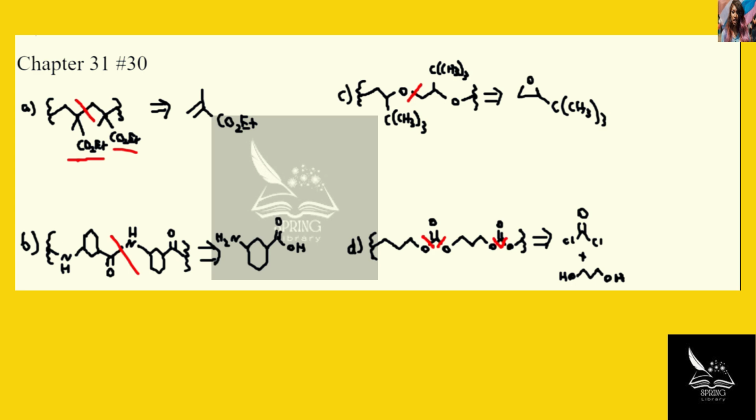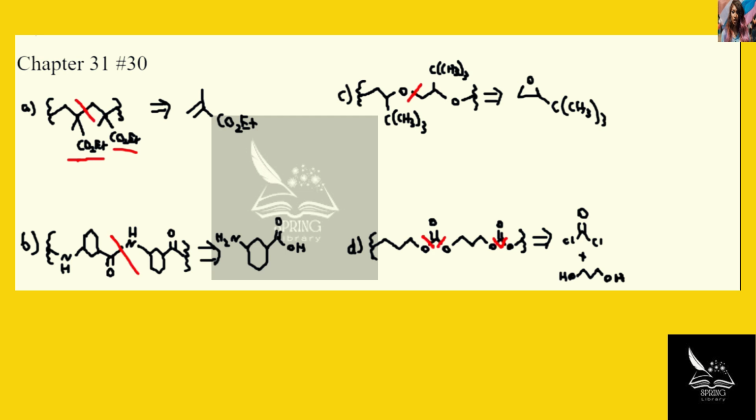And so that's how you end up getting this alternating pattern of diol and then carbonate and then diol and carbonate. And so that's really the only way to make D. And so that's the answer to Chapter 31, problem number 30.